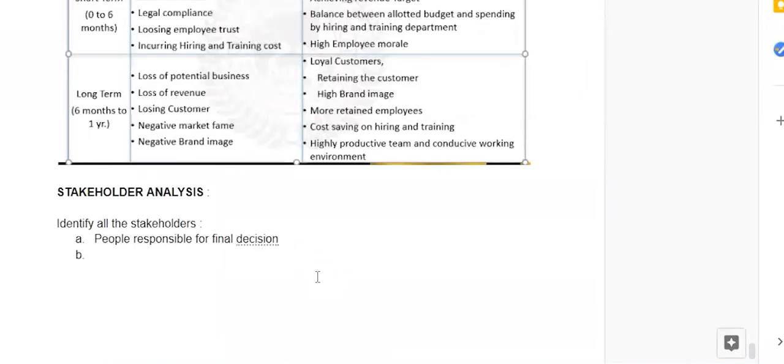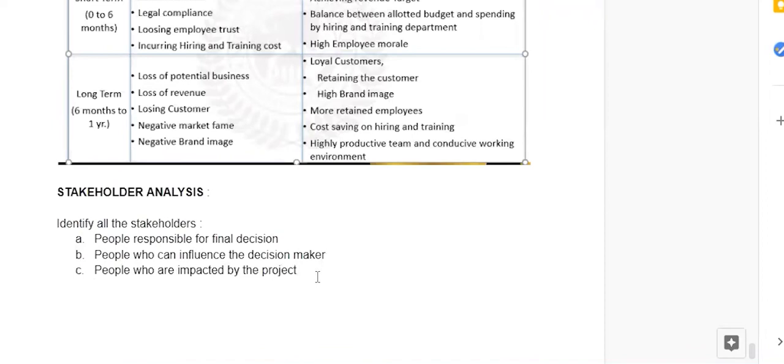People responsible for final decision. People who can influence the decision maker, then people who are impacted by the project.